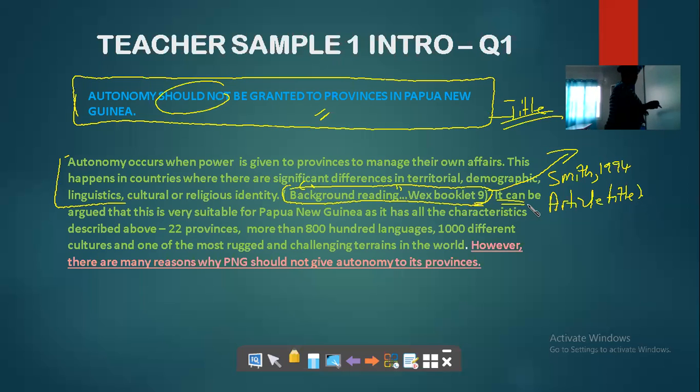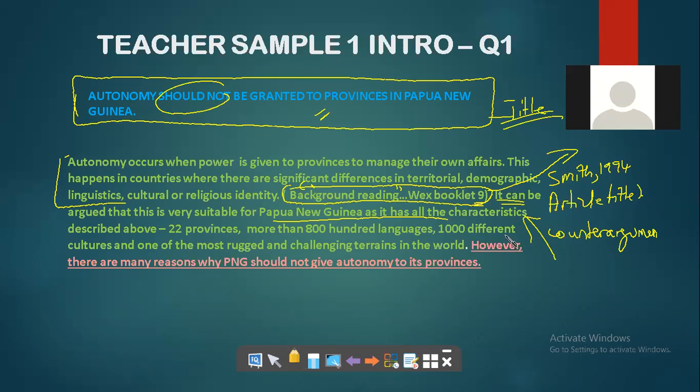It can be argued that this is very suitable for Papua New Guinea. Here I am using counter argument. So you can also use counter argument inside your introduction, right? This is a repetition. I've done it already in video, but I'm going through because there are some things I didn't mention here. This is link.